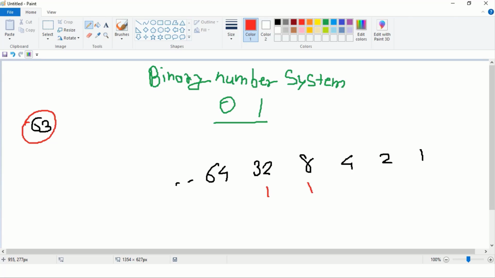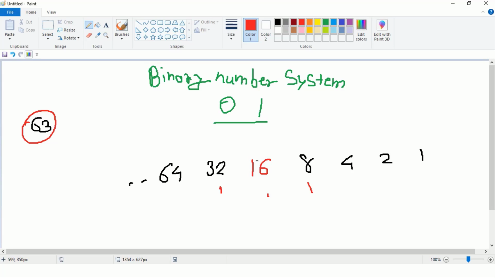Here we have missed one digit, that is 16. Here we should have 16.